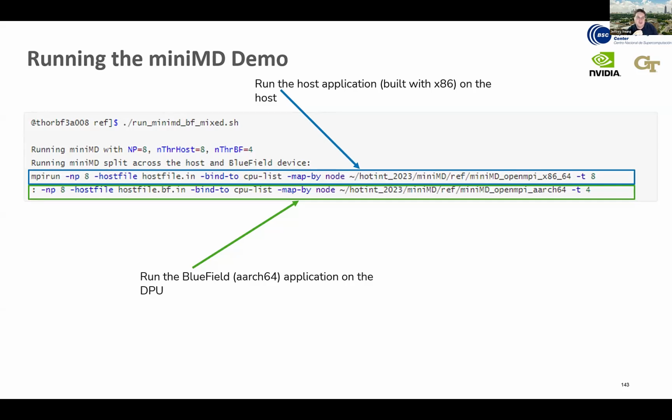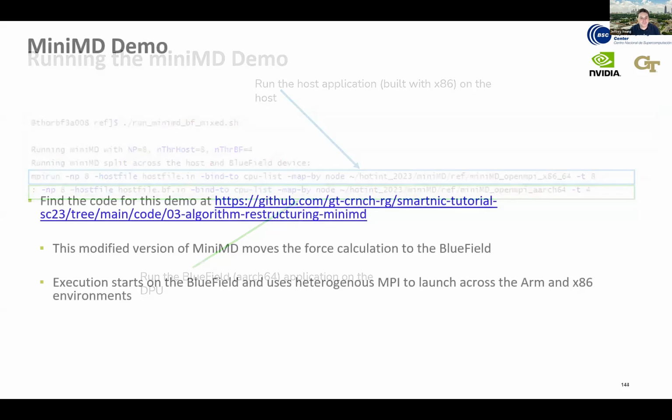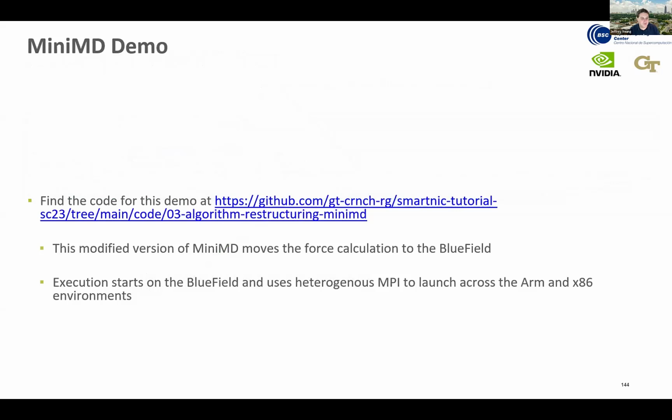So they're actually talking to each other using MPI communicators. That's a little bit different than the LLVM target offload model with Odos, which is probably a little bit easier to do. This is quirky to set up and run, but it does work. So it's interesting that you can go through and run that and see how it works. We do have the source code here, and you can look at it and see how we move the force calculation to the Bluefield.